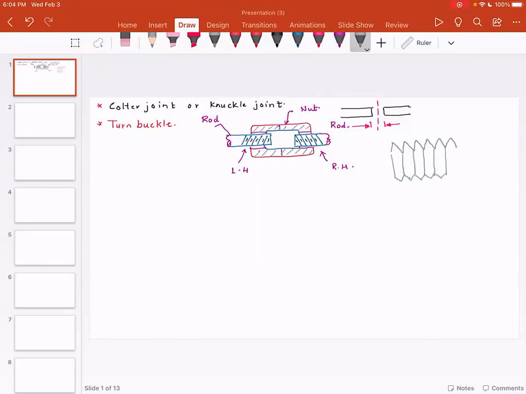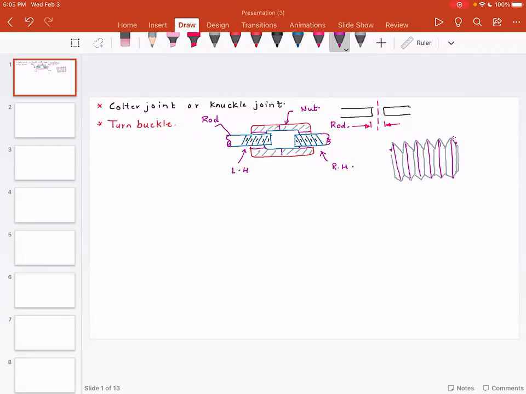So this is a very simple thread pattern. And what I want you to observe is this thread, it's sort of a helix. So what it means that if you start from one end and if you were to continue traveling, then finally you're gonna go to the other side. But you will be traveling on the circumference.